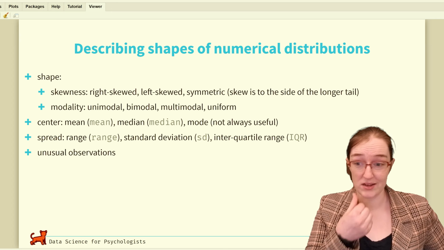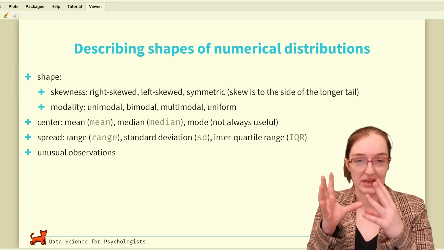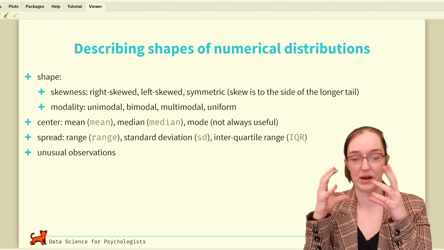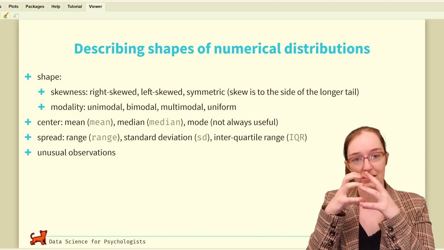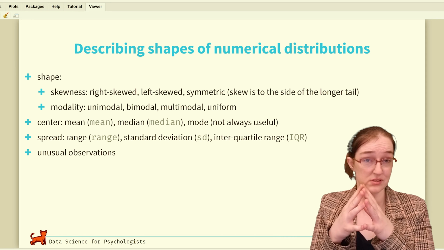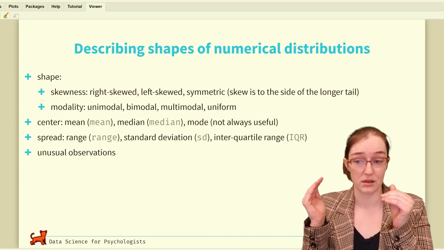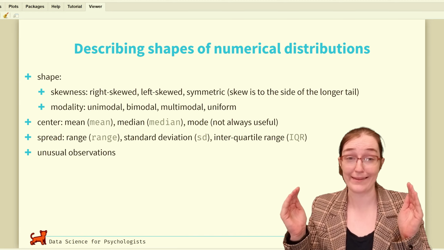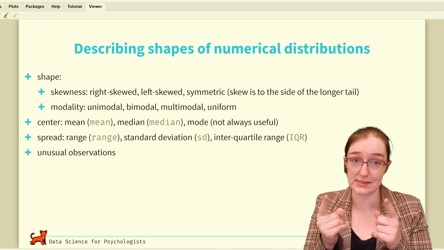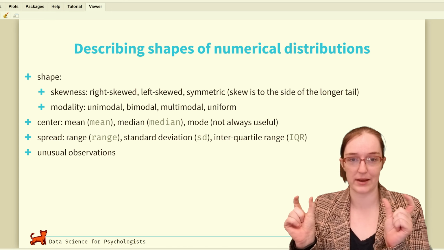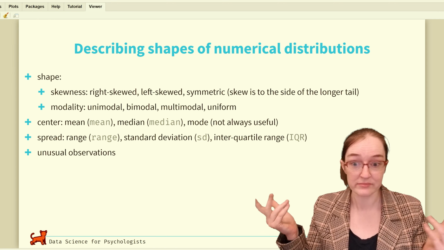The spread is describing how spread out your data are, like how much of them clump in that bulk. And you have range, which is essentially the distance between the biggest score and the smallest score. And that one is super duper sensitive to outliers because it's literally outliers. That's all it is.